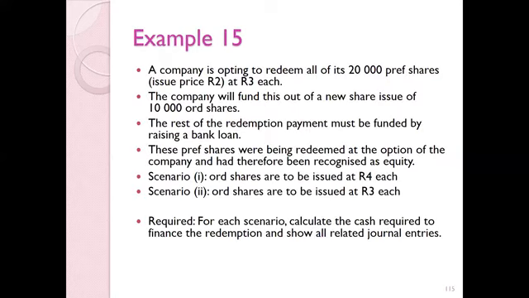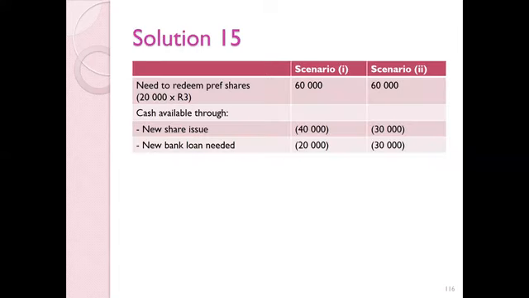With scenario 2, the ordinary shares to be issued at 3 Rand each, so 10,000 ordinary shares at 3 Rand each, means that from the share issue, we will get 30,000 Rand under scenario 2, which then means we need another 30,000 Rand in the form of a bank loan to be able to finance that 60,000 Rand redemption of preference shares.